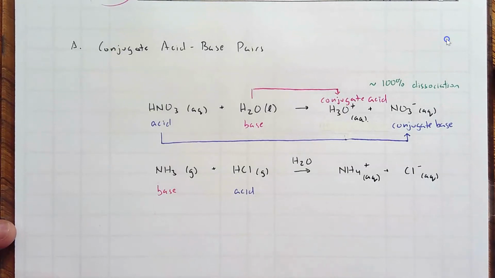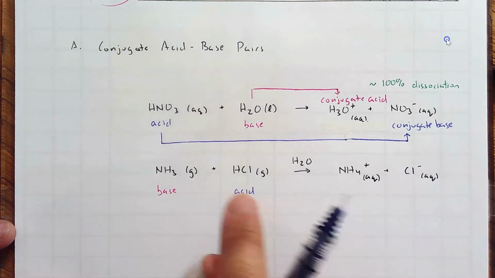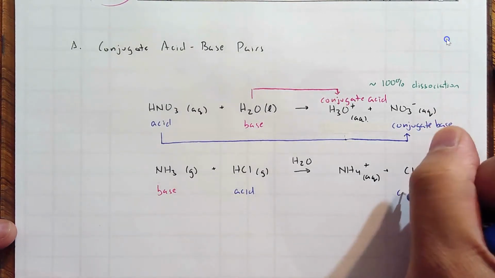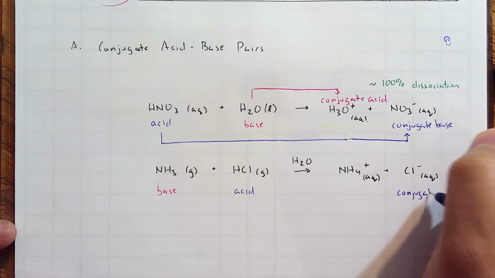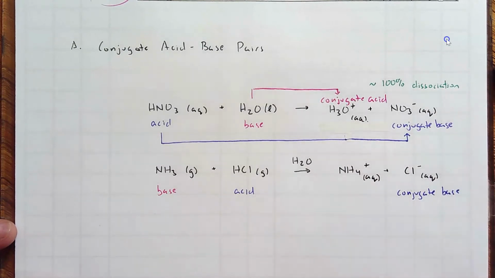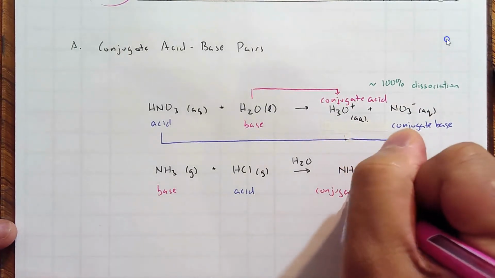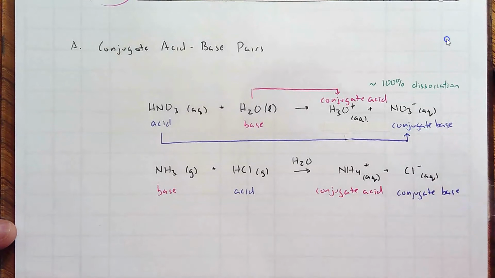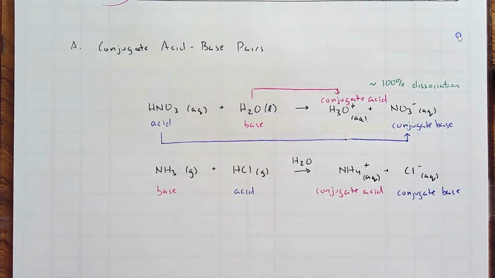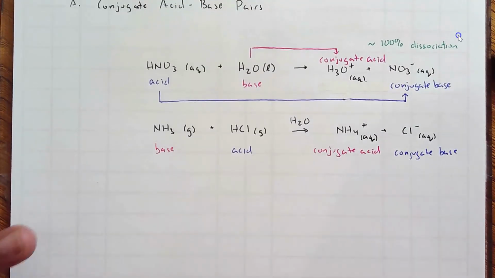So where is the conjugate base? The acid turns into the conjugate base once it loses its proton. Here's the conjugate base, and your conjugate acid came from the base. Conjugate acid.